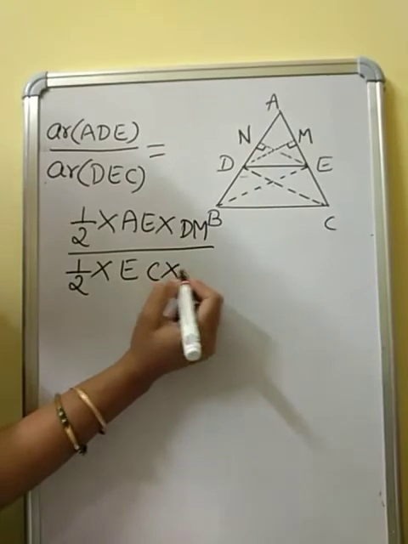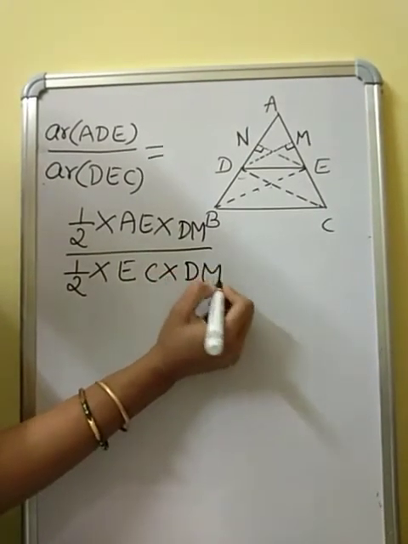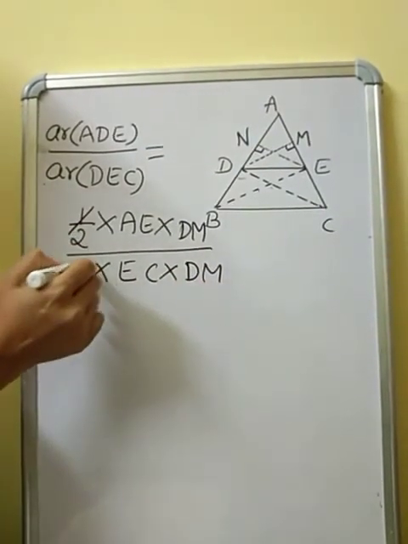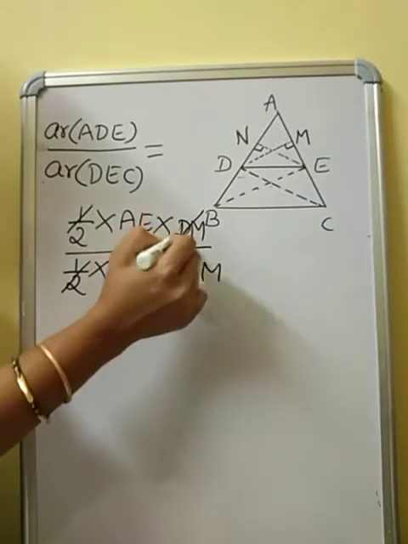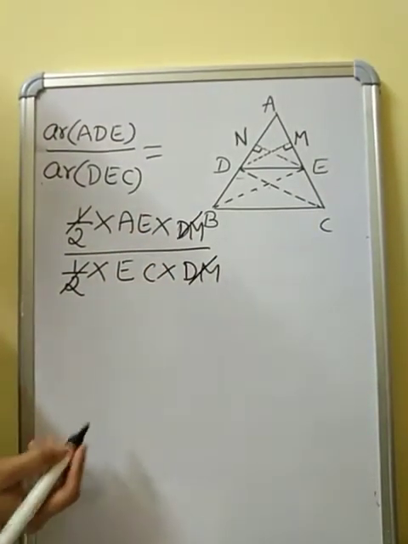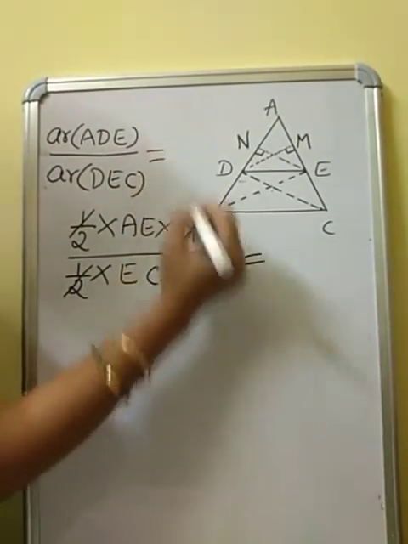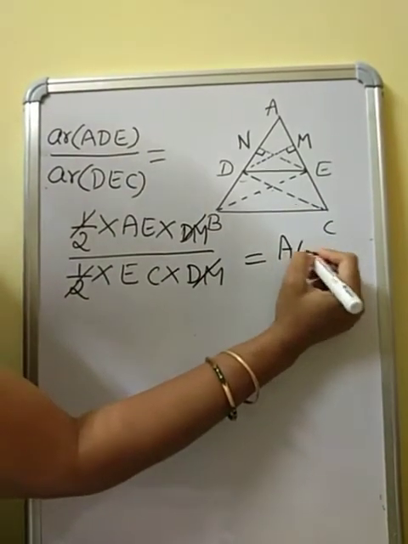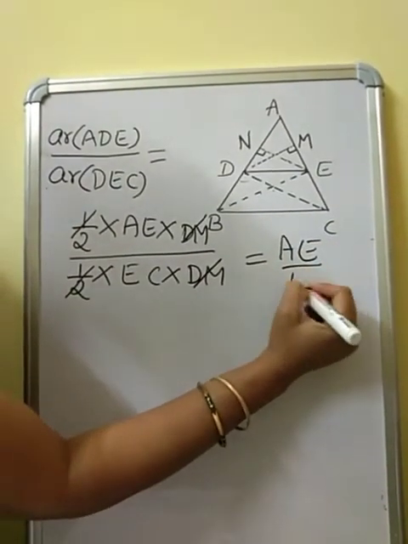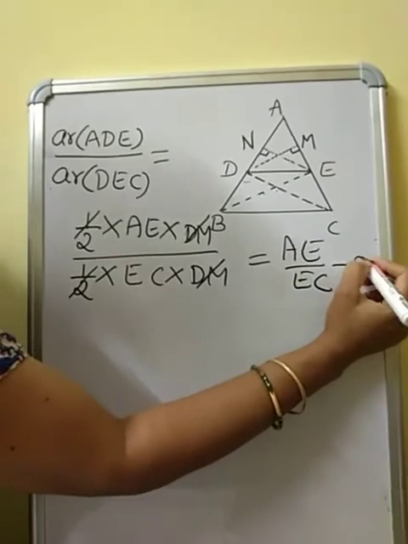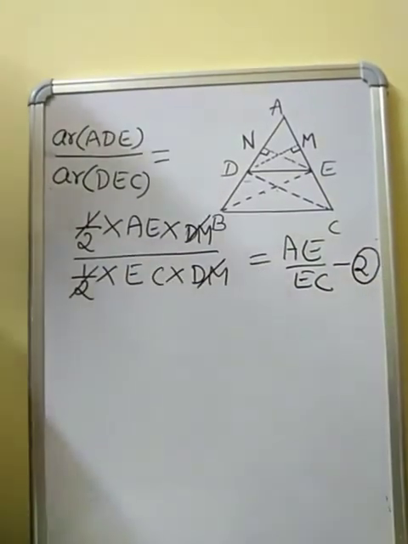Let us see, that is DM. Now again I am going to cancel the common terms, half and half, DM is going to cancel. So the remaining terms are AE by EC. This I am going to take as equation 2.